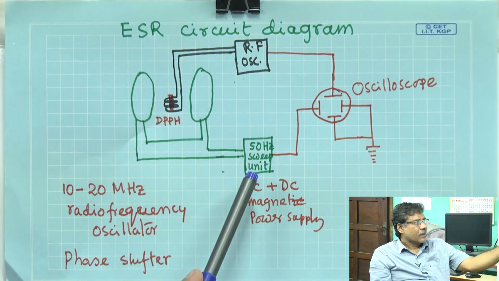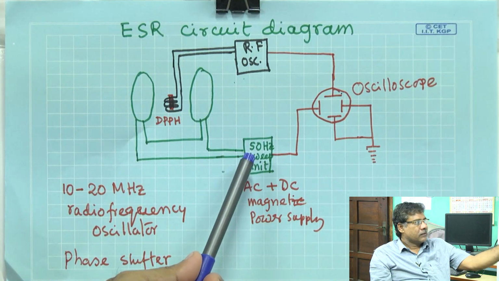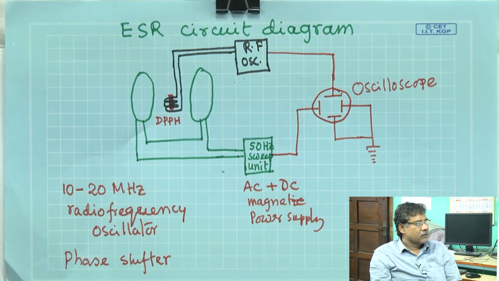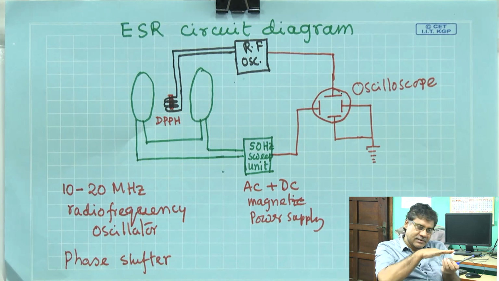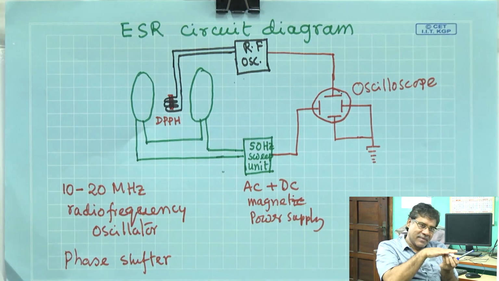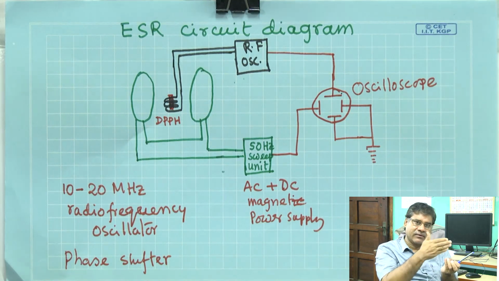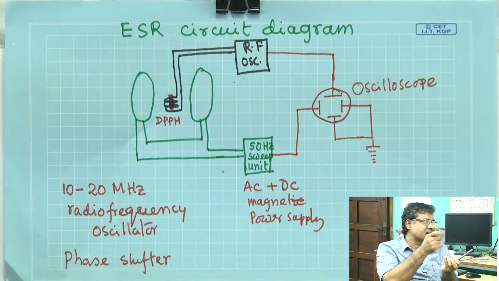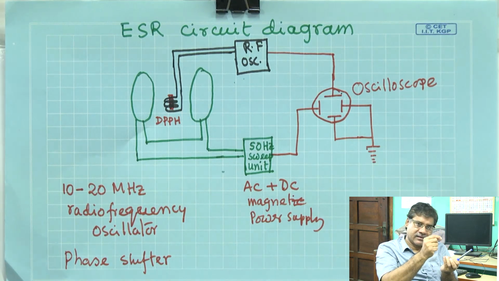Here, in the Helmholtz coil we will apply a DC current, so we get the corresponding DC magnetic field. Now, we will sweep this magnetic field with 50 hertz frequency.